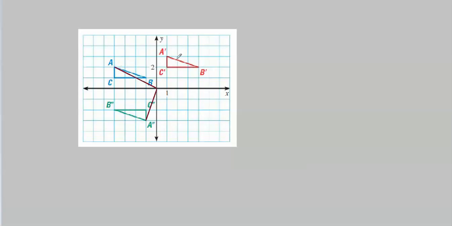What's our first translation? We probably ought to write that one down first. First, we have that xy, and this is a translation which goes 1, 2, 3, oh, only 5 units to the left.